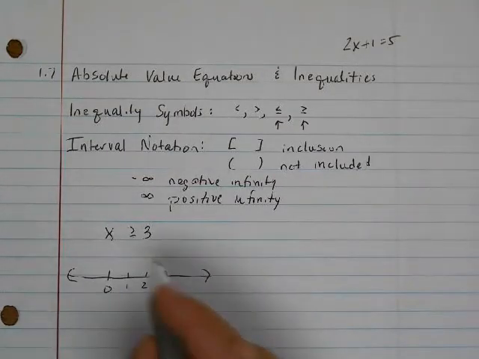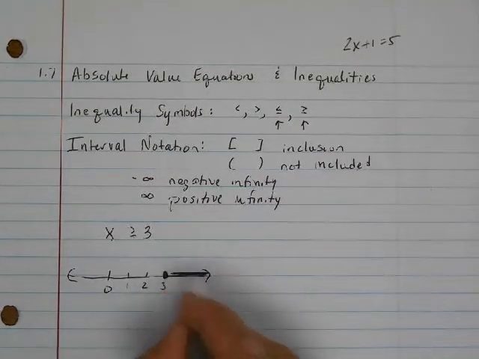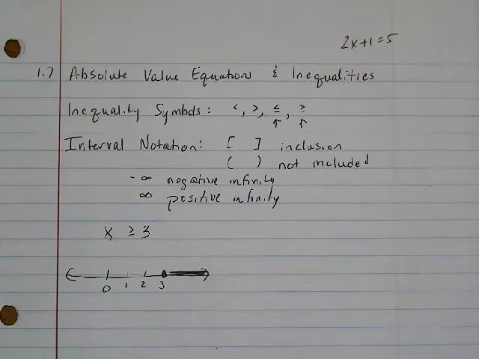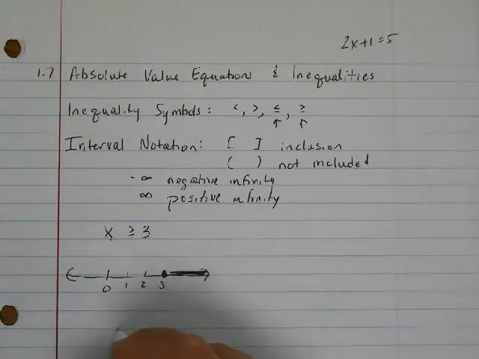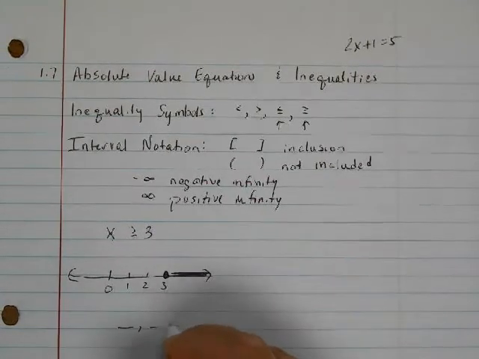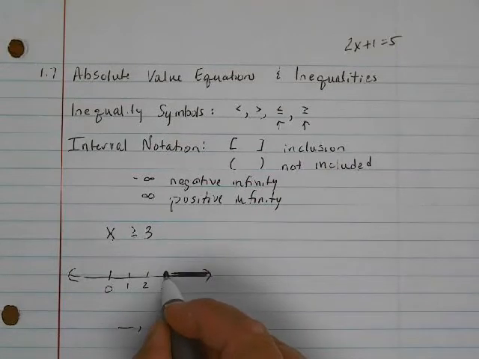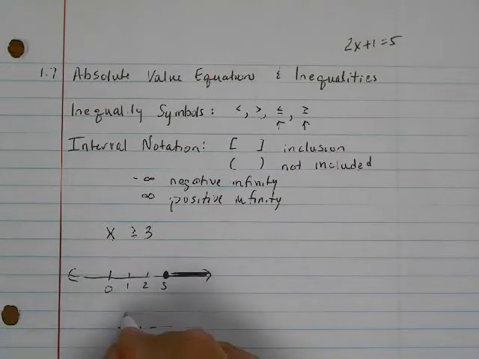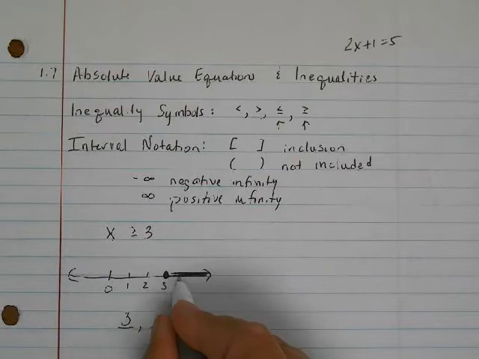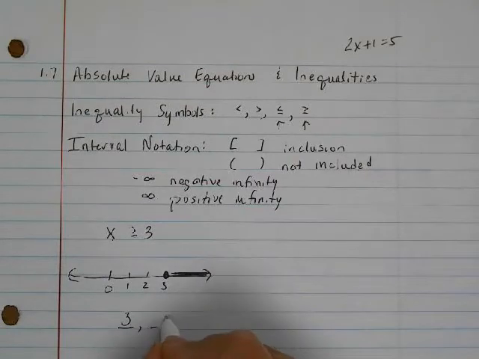And then all the numbers that work for x are bigger than 3, so they would be the numbers that go to the right. So if I'm going to write this with interval notation, what I put in the first spot is my starting value. The first value that works is 3. And then everything that works after 3, so I'm going to say it goes in the direction of positive infinity.